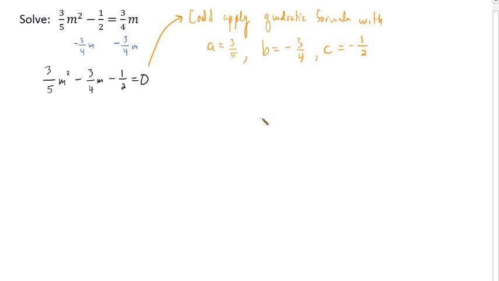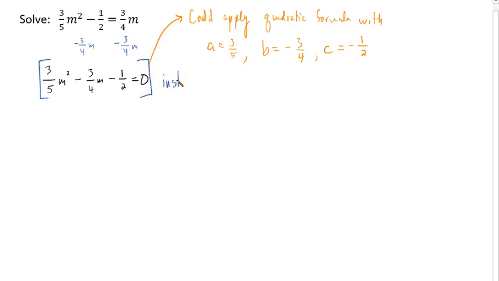And it'll work. It'll give me the solution, but I'm going to have to do a lot of arithmetic with fractions. So instead, what I'm going to do here is clear the equation of fractions by multiplying through both sides of the equation by the LCD.